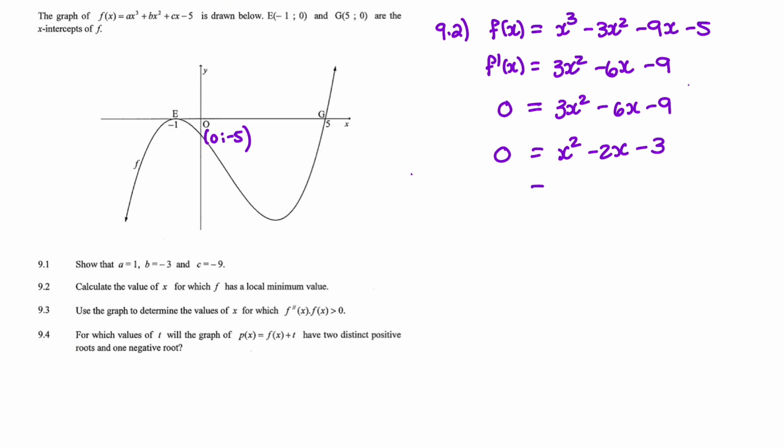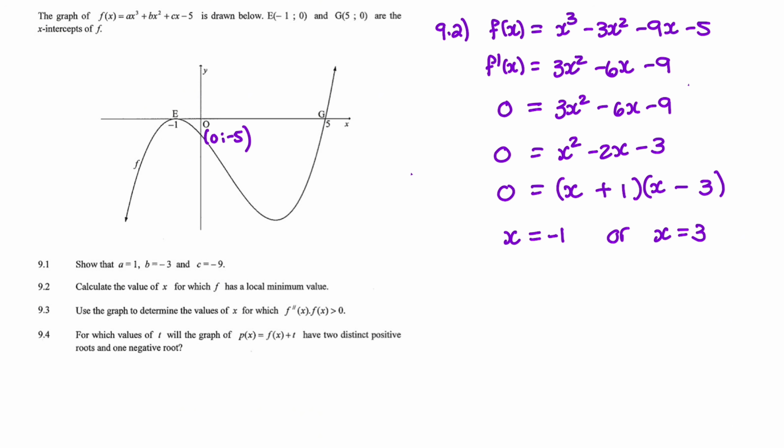Then I have a simple trinomial which I can factorize. The factors of x² are x and x. The factors of 3 are 3 and 1. I put in the signs at the right places to get to -2. So the values of x when I solve this equation are x = -1 or x = 3.